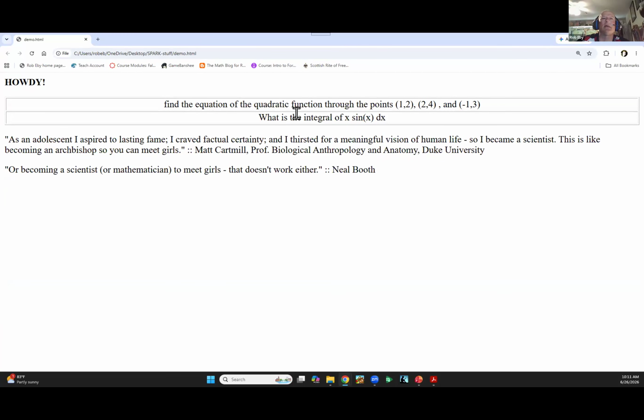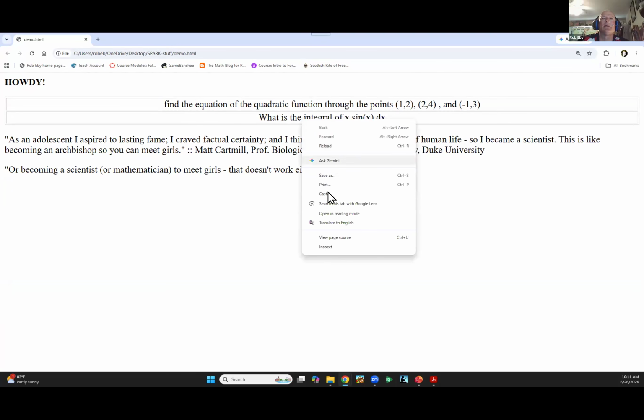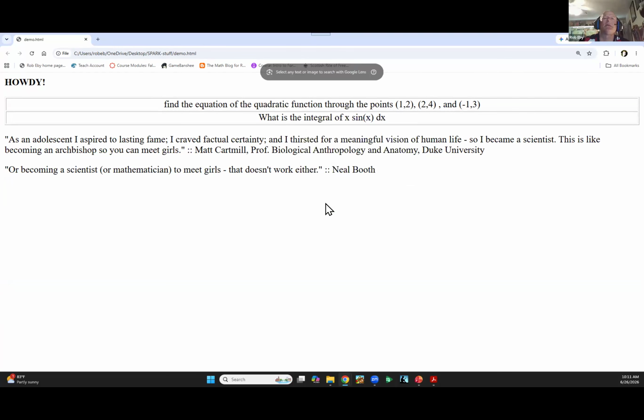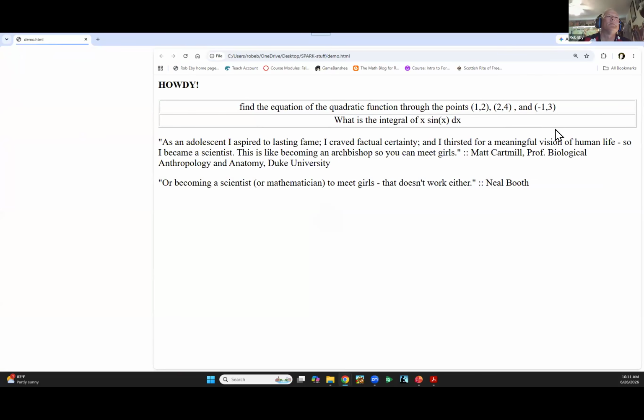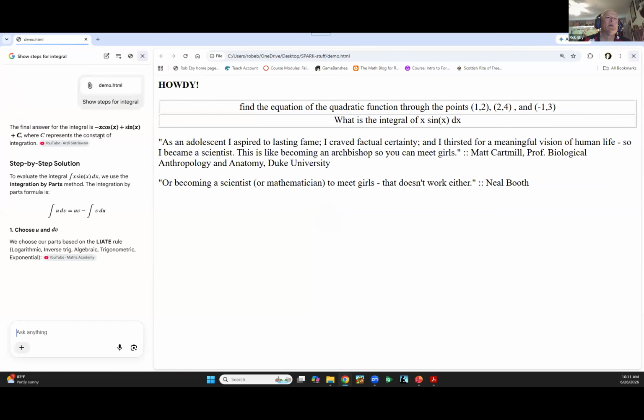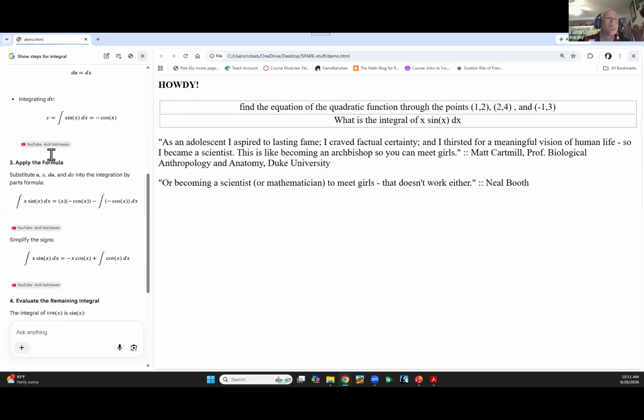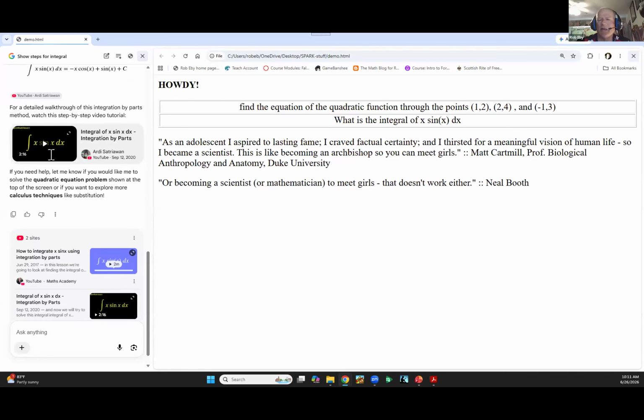I'm going to right click, search this tab with Google Lens, and it thinks for a little bit, or a lot bit. And, oh, so step for the integral. And voila, as the French might very poorly say, there's the solution to integration by parts for that, with a link to the video.